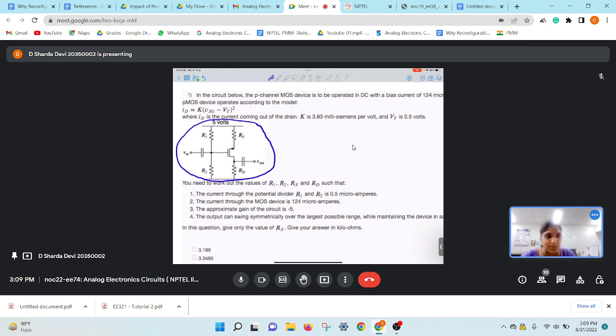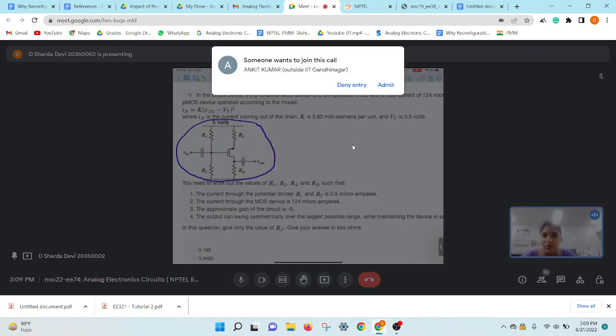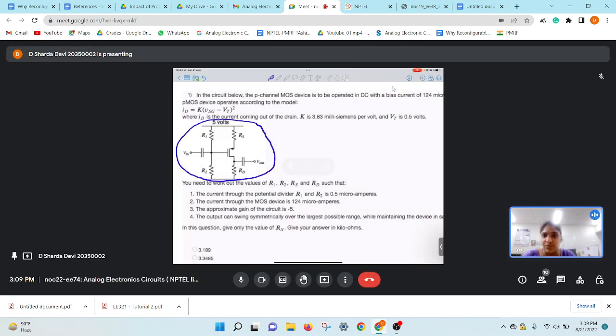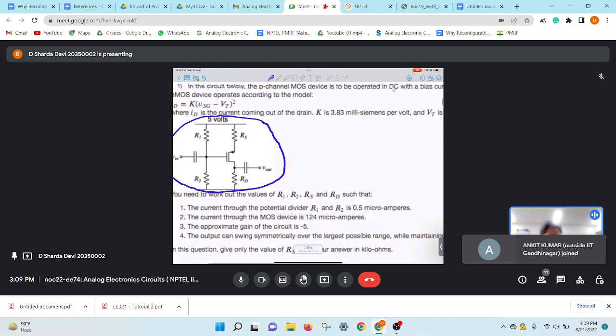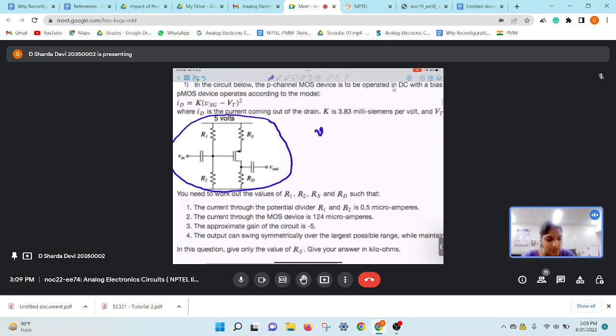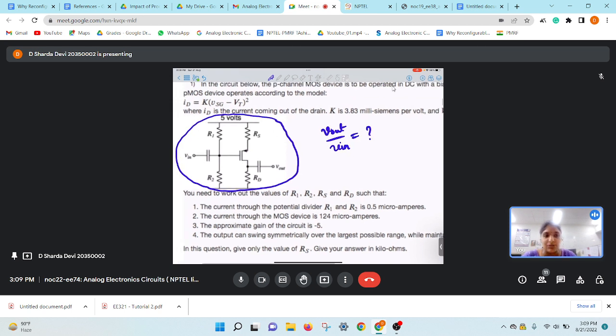So it's 3:09 now. So maybe 5 minutes. Let's see who all can solve it till 3:15. And if you get stuck somewhere, please feel free to ask. Okay, so you try to solve this particular circuit and let me know the expression for V out by V in. So you have time till 3:15.